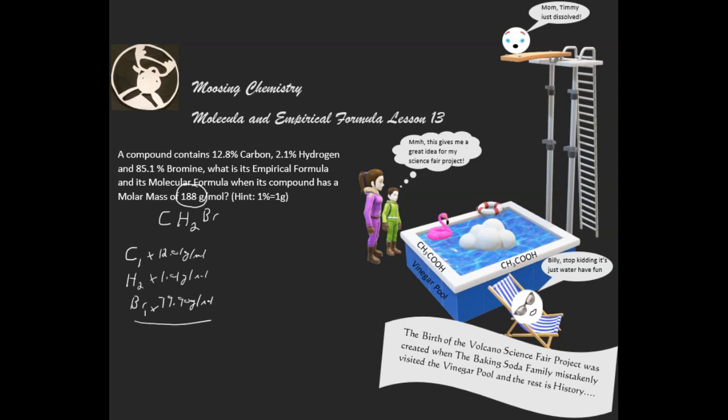So let's add all this up real quickly. We get 12.01 grams per mole, 2.02 grams per mole, and 79.90 grams per mole. Our grams per mole are all going to cancel out anyway.